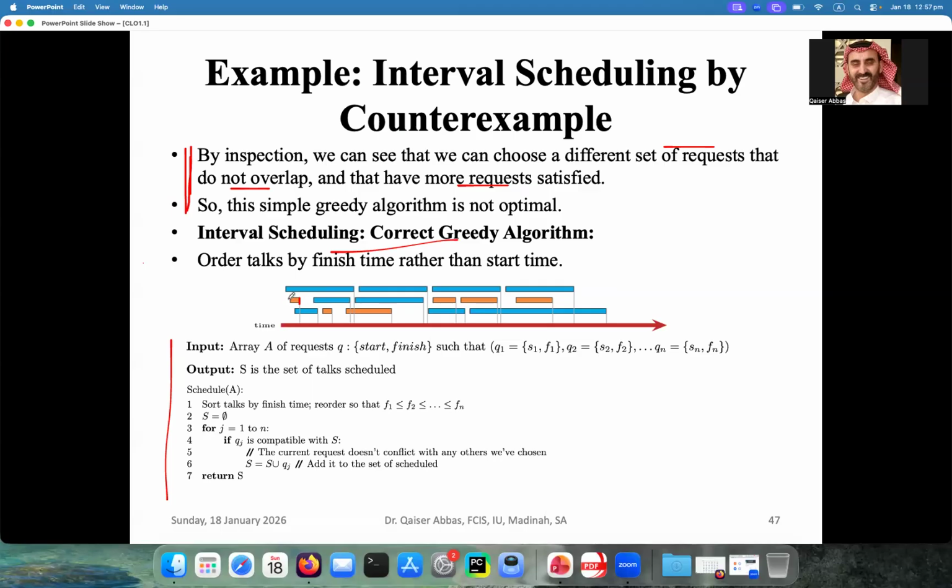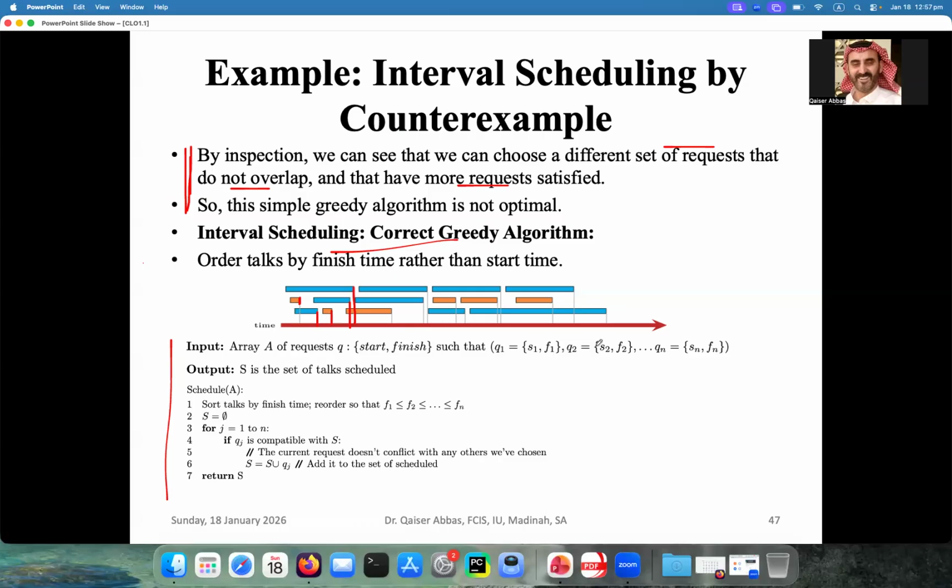For example, this request is starting from here, finishing here. This request starting from here, finishing here. And we are drawing a line for this. This is finishing here, this blue one. This is finishing here. And you are seeing gray lines drawn in this picture according to the finish time.